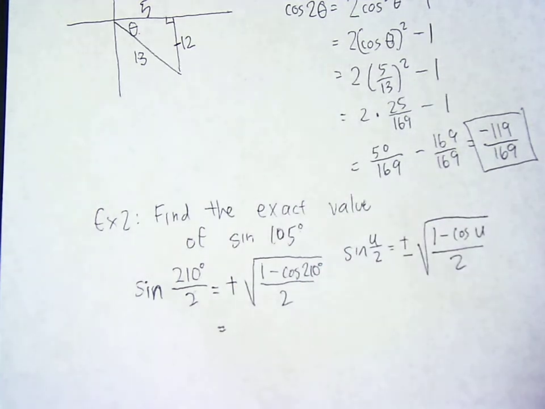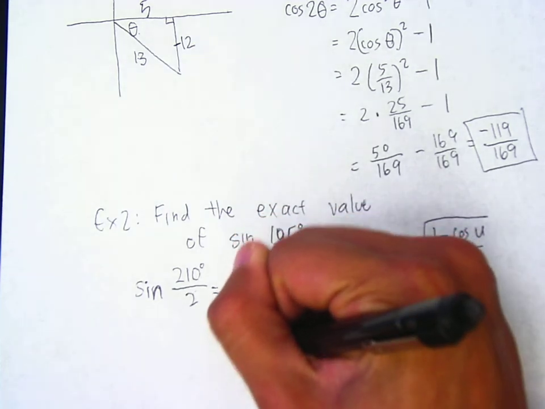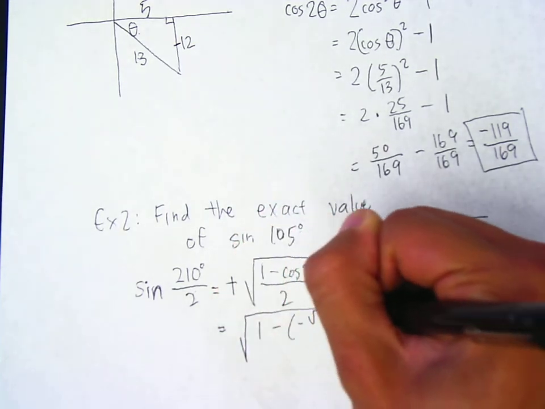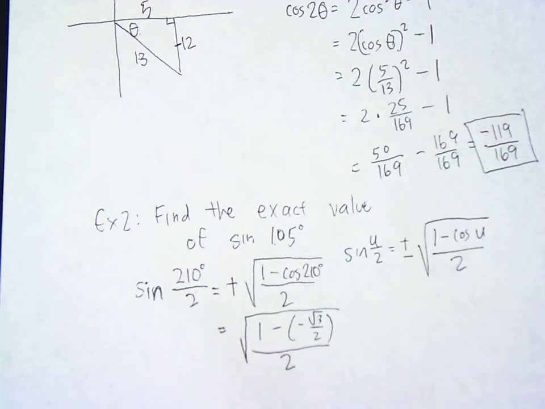All right, and then cosine of 210 is negative radical 3 over 2, so it is 1 minus negative radical 3 over 2, all over 2. Okay?